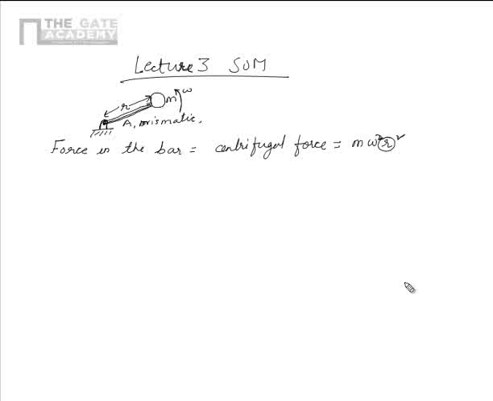Now this force is acting exactly at the pin, and it decreases as we go ahead, and it becomes 0 at the mass location. So the maximum force is at the pin. So the maximum stress will be equal to m omega square r upon A. That is the maximum stress in the bar, and this occurs at the pin.